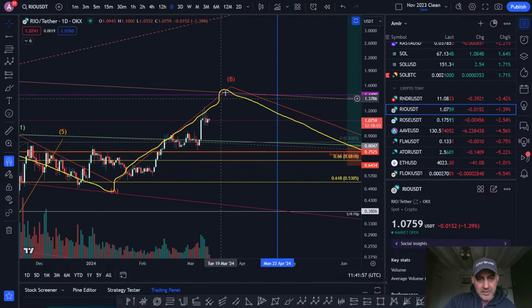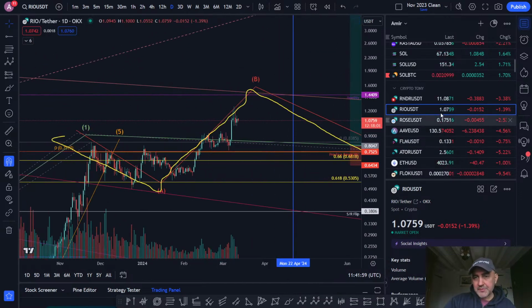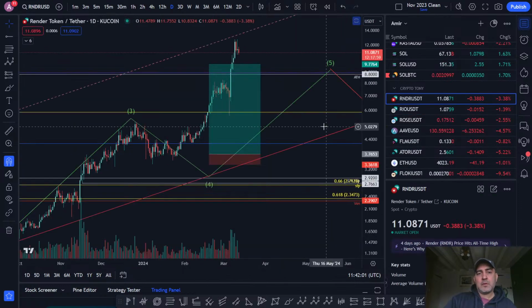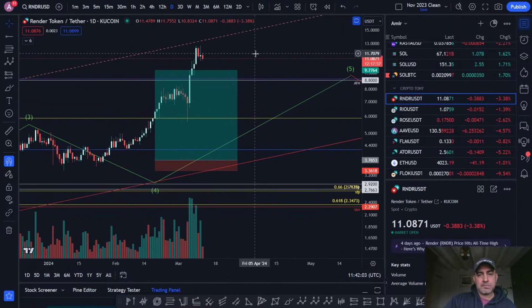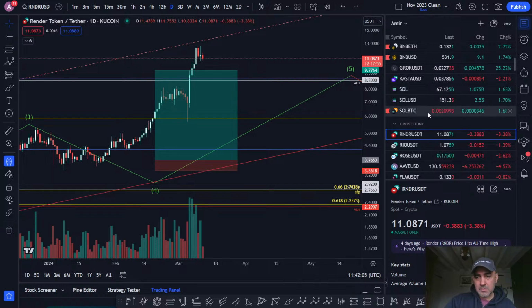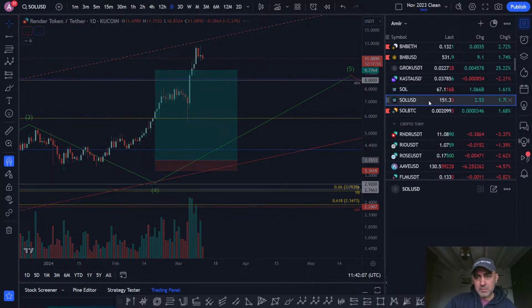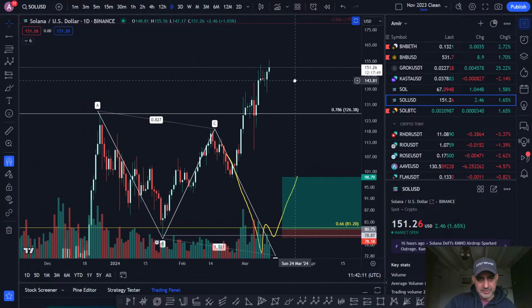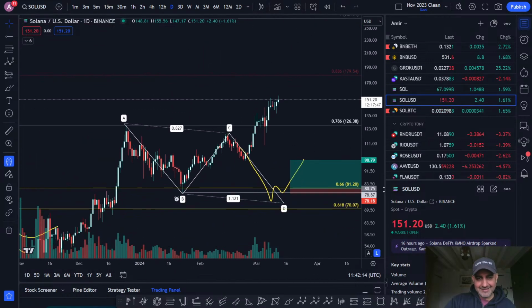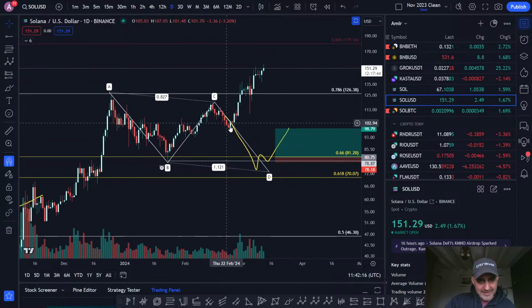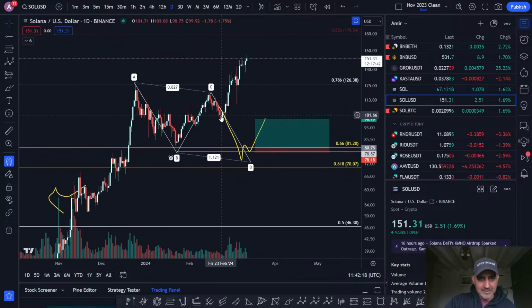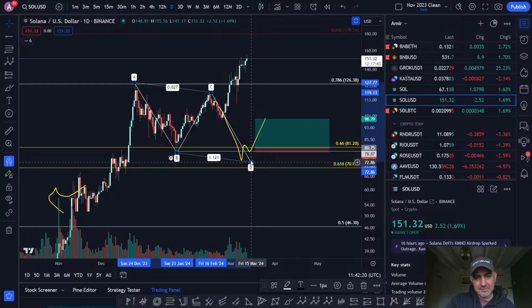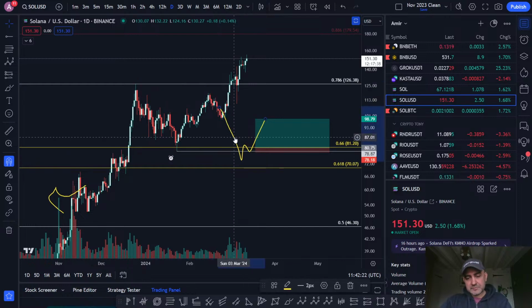I wanted Rio to go a bit higher, but who knows? Solana's still strong. Oh my god, look at that. I had this idea and it just didn't work. That's how bullish it is.